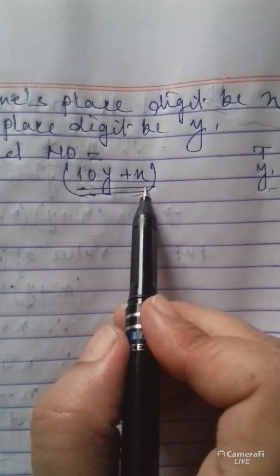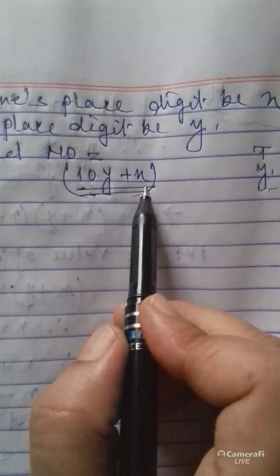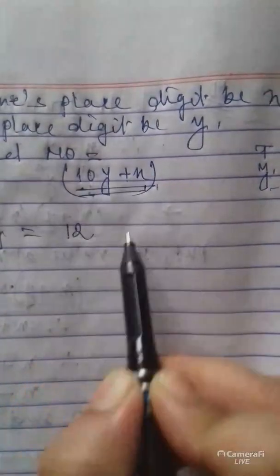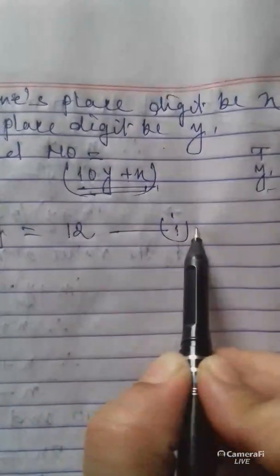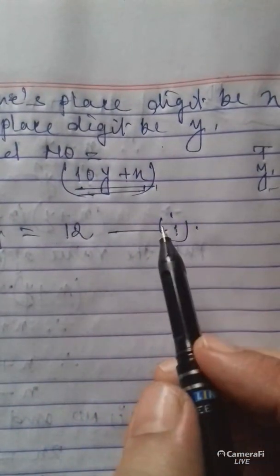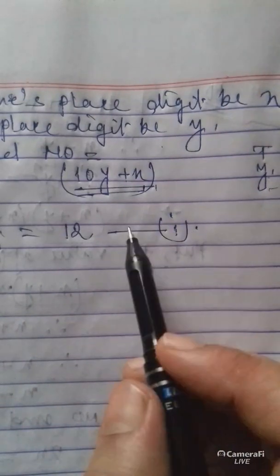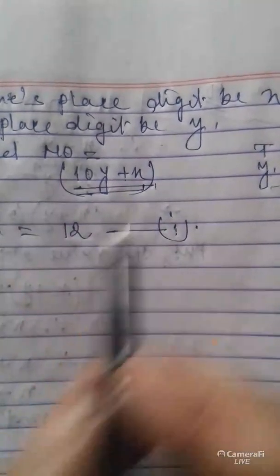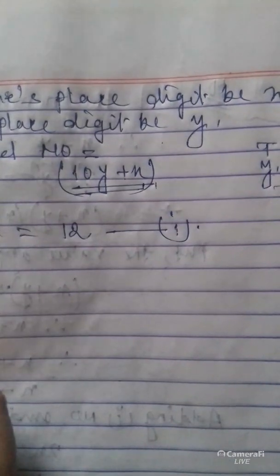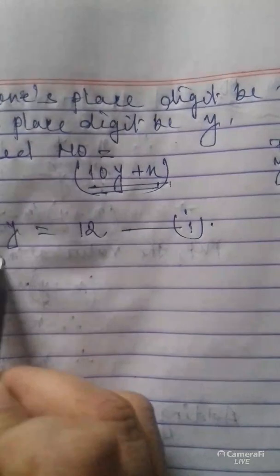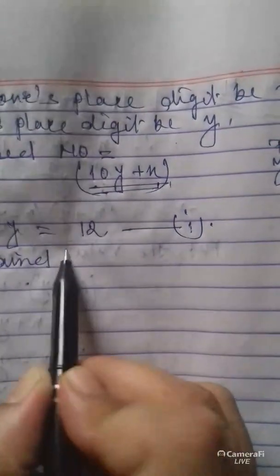Now our first condition: the sum of the digits of a two-digit number is 12. Sum of digits means x plus y equal to 12. This is the one number equation. And the second condition: the number obtained by interchanging the digits.